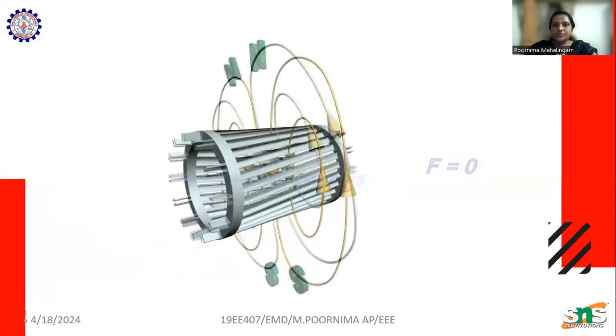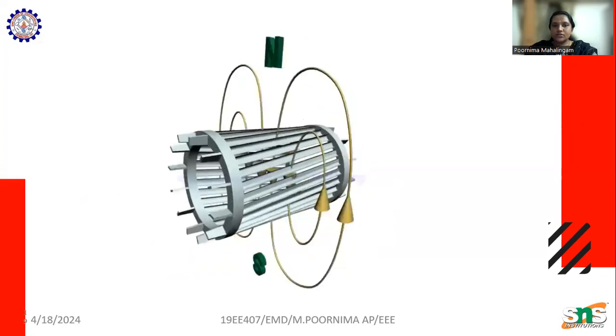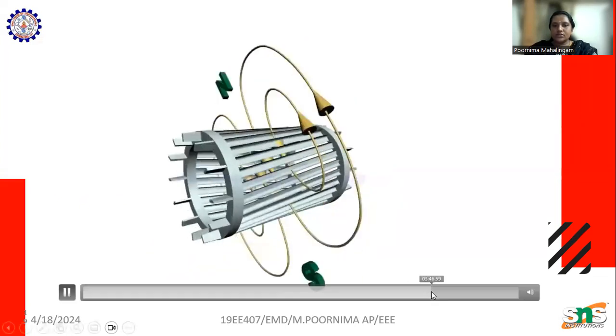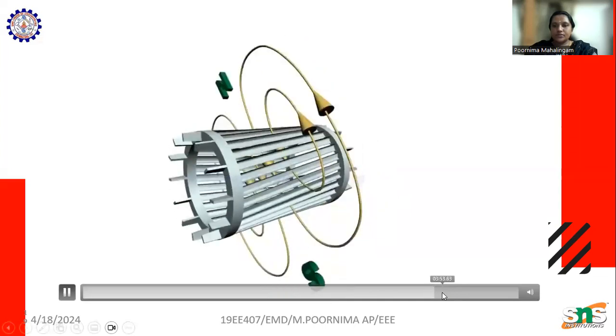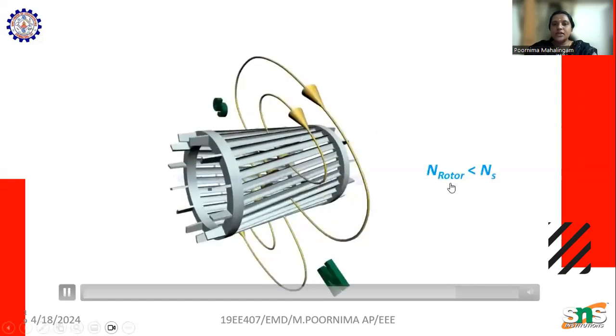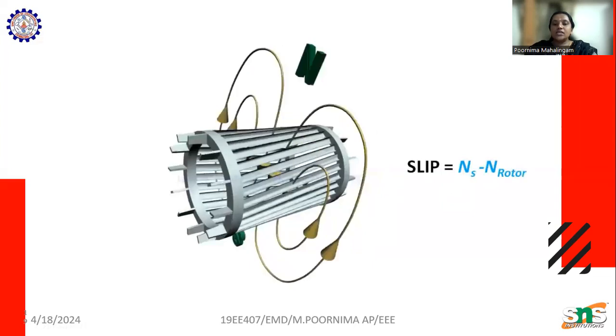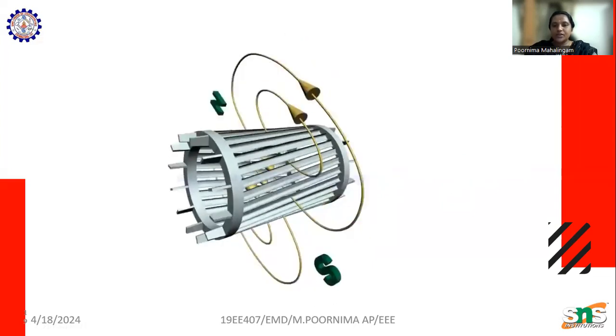Here the rotor slows down. Now the rotor speed is less than the synchronous speed. That is slip. The difference is the slip, NS minus N.